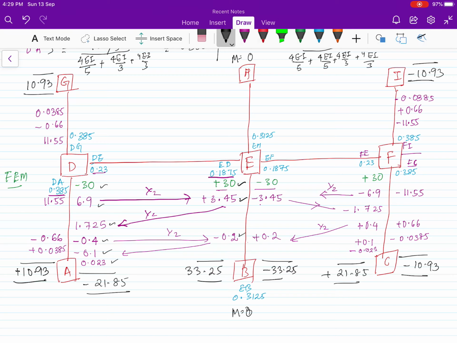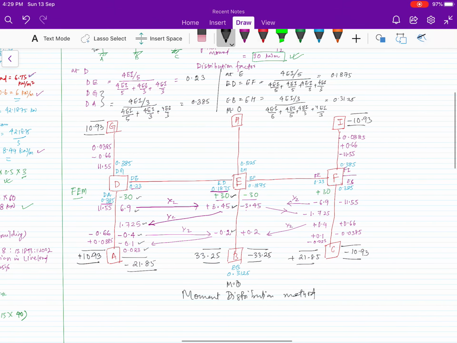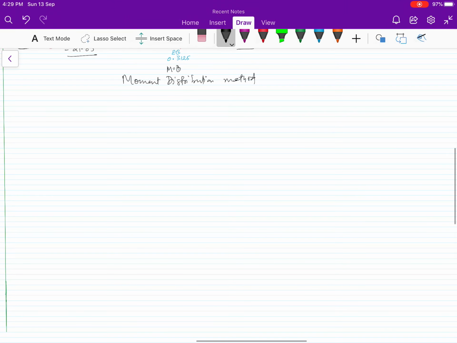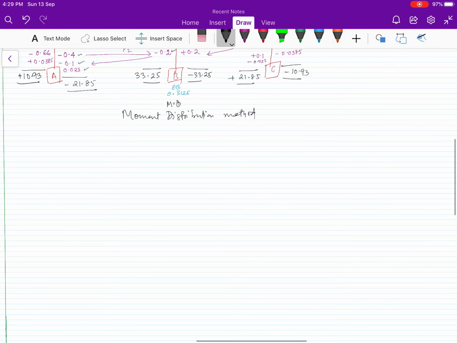So this is your moment distribution method. Okay. So using the moment distribution method, a small portion of a multi-story frame is analyzed, which is known as the substitute frame method. So coming to the bending moment diagram, what we have got.